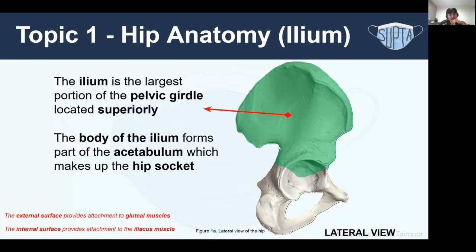Then the lower portion, which connects with the hip joint socket, is the body of the ilium, and it also makes part of the acetabulum. We'll get into what the acetabulum is. It's basically a cup-like socket. You've got the external surface and the internal surface, which we'll cover shortly with the muscles.